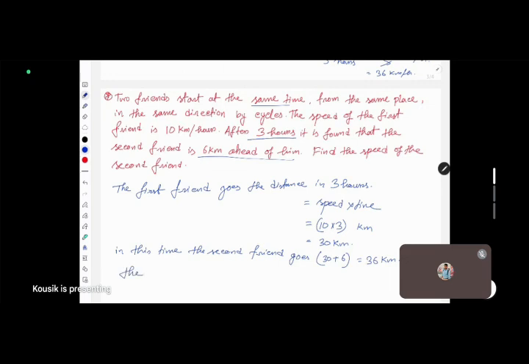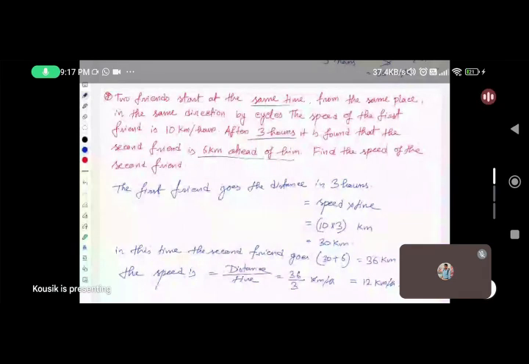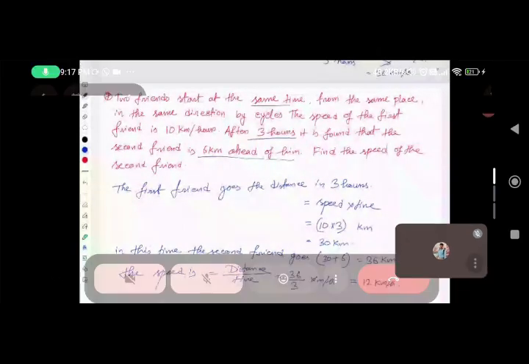The speed is distance by time. That means 36 by 3 is 12 kilometer per hour. That is his speed. Okay? Is it okay? স্যার আমি হেড মানে পিছনে ভাবছি। না, ভাবছো কেন? এত ইংলিশ জানতে হবে তো, নাহলে তো ইংলিশে অঙ্ক কি করে করবে?